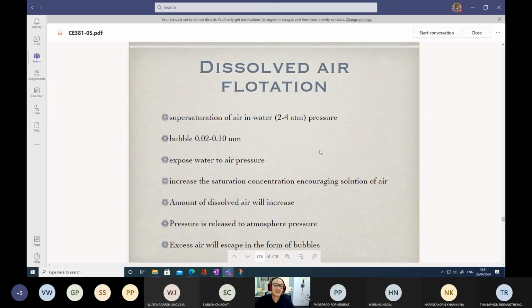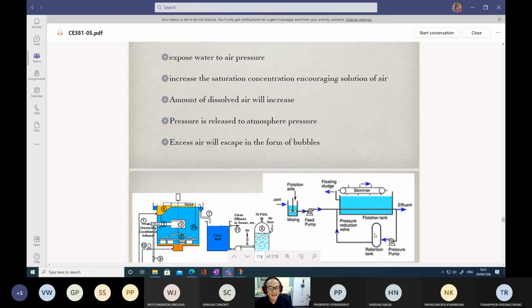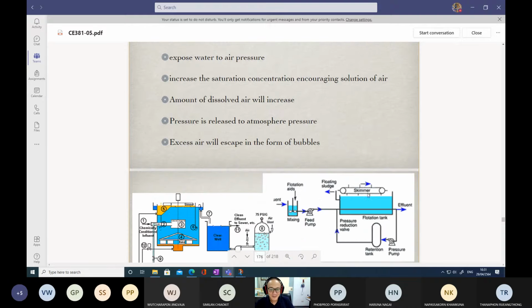So we make them supersaturated. But once we transfer the liquid from this tank into the flotation tank, what will happen to the bubbles? The bubbles will reform again, but under a pressure of 1 atm.